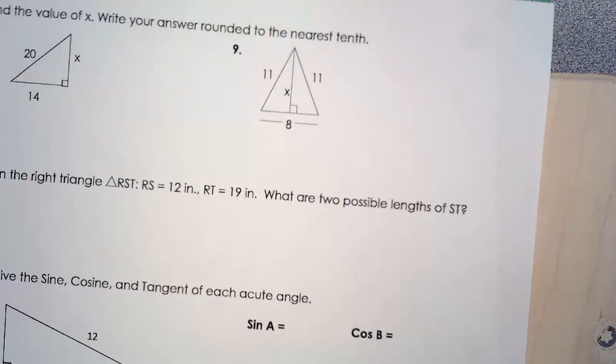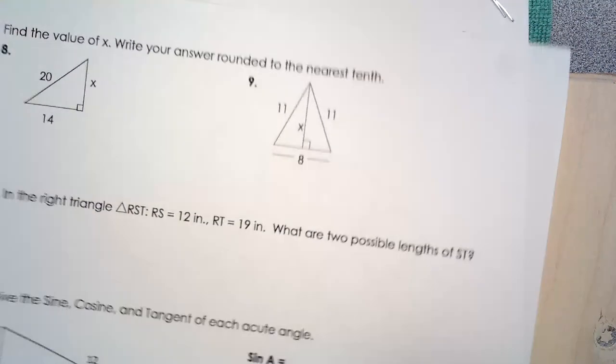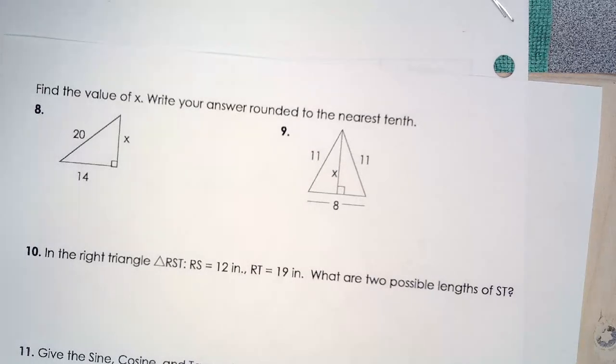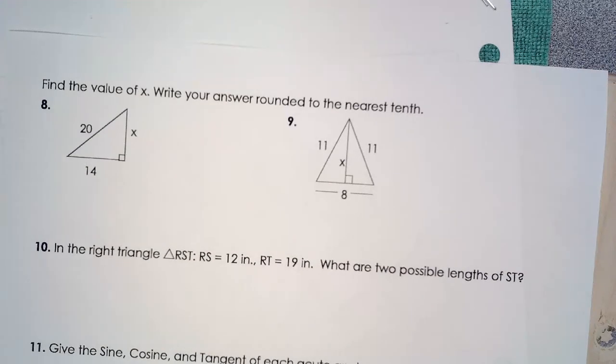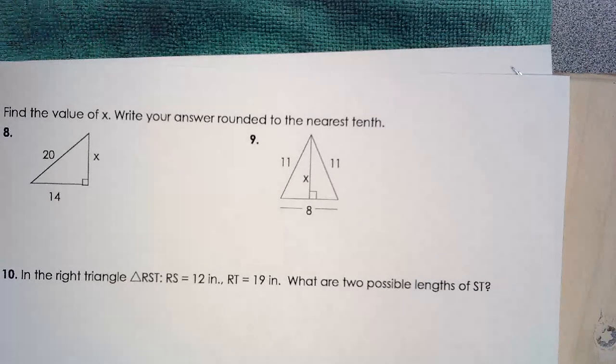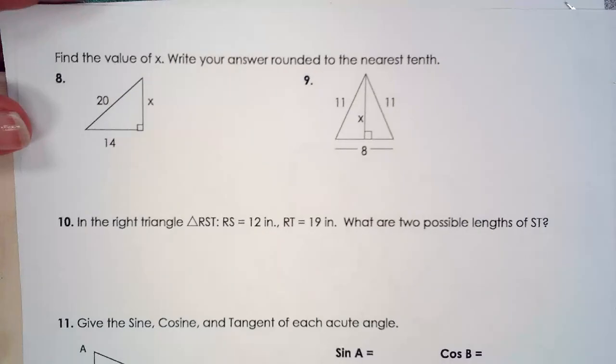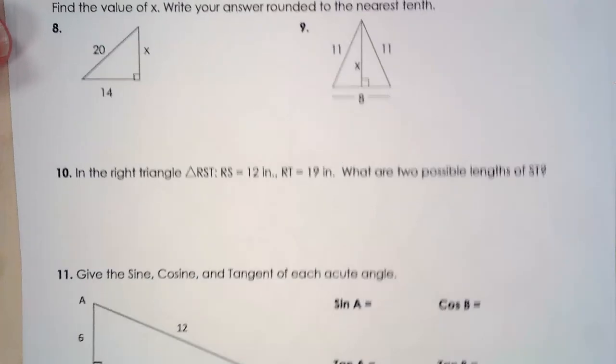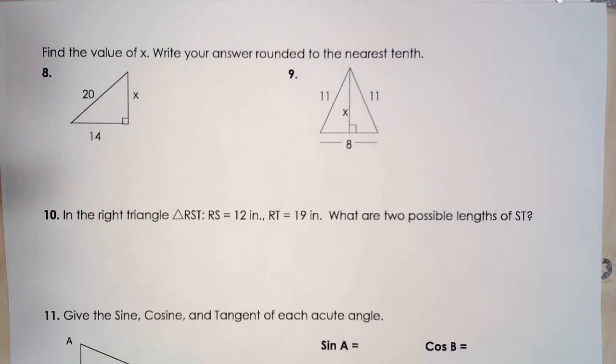Okay, so I actually had the pages mixed up, so you'll have to go back a page, find the value of x, and write your answer rounded to the nearest tenth. Sine, cosine, or tangent? Once again, we are using SOHCAHTOA.